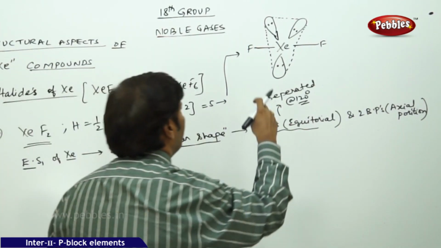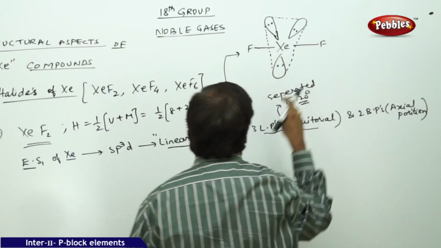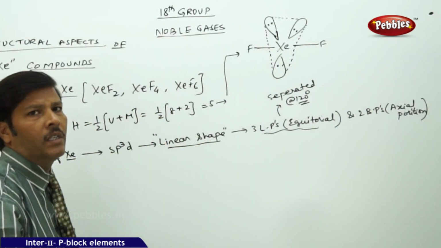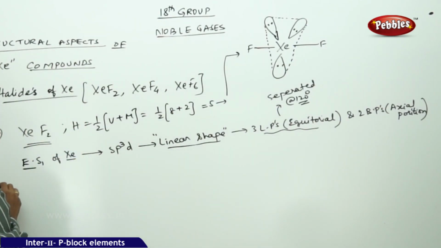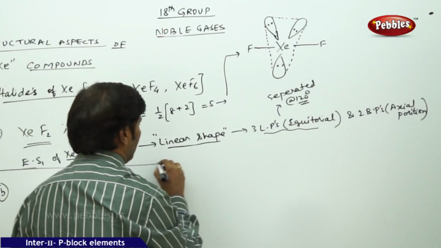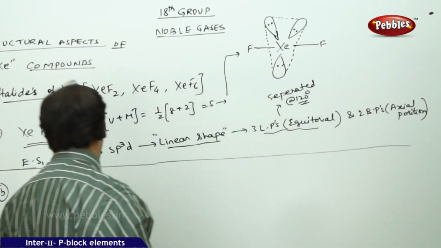That's why the shape of the xenon difluoride molecule is definitely linear. This is one important point to keep in mind. So XeF2 is done. Now we'll go for XeF4.